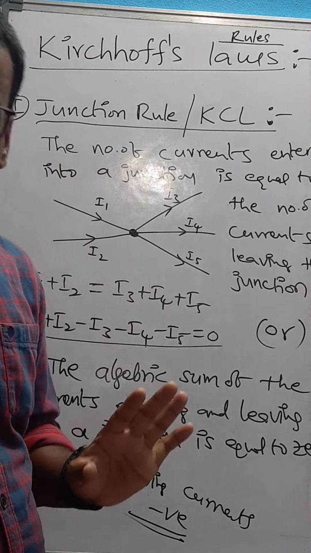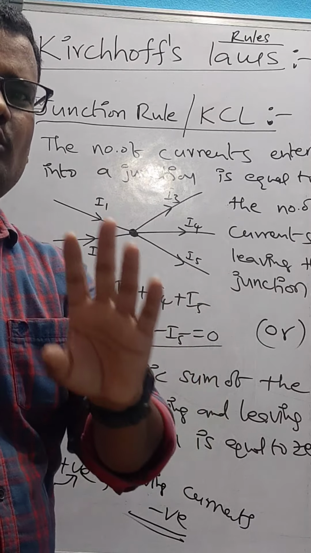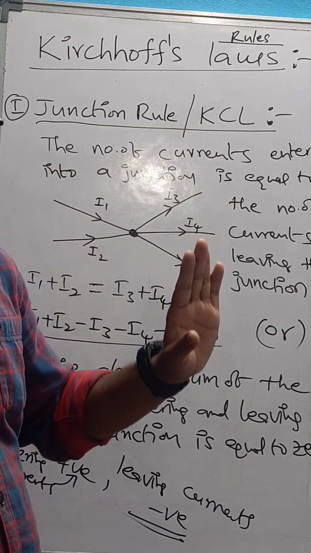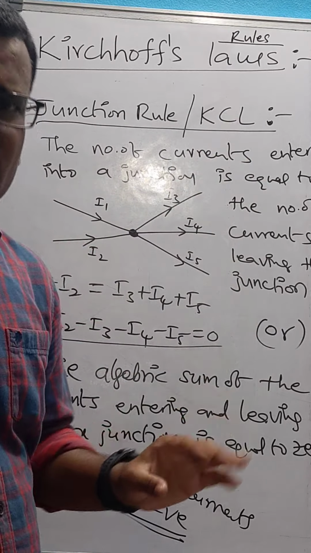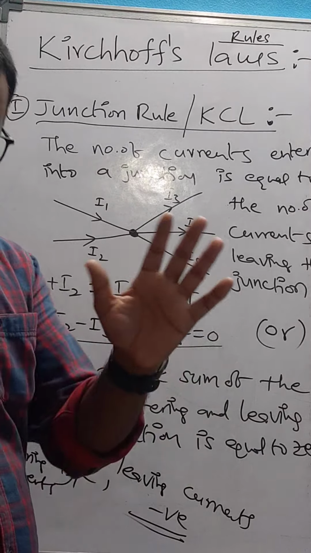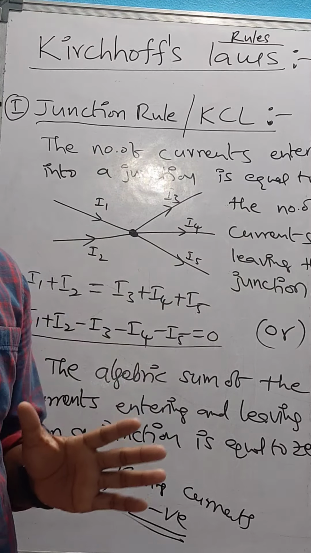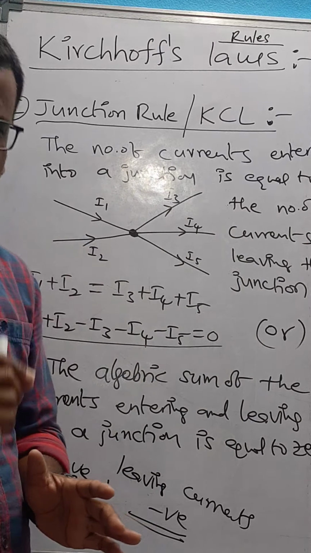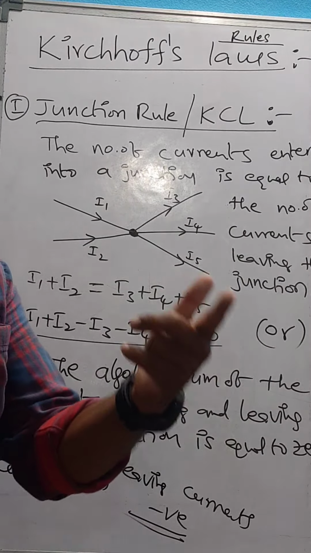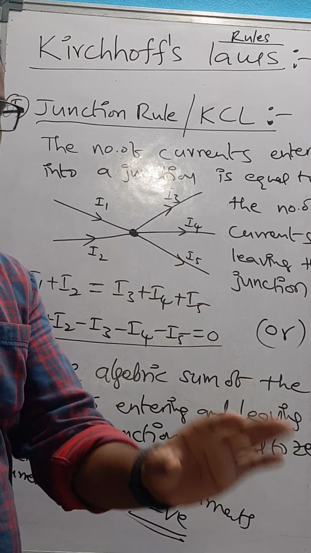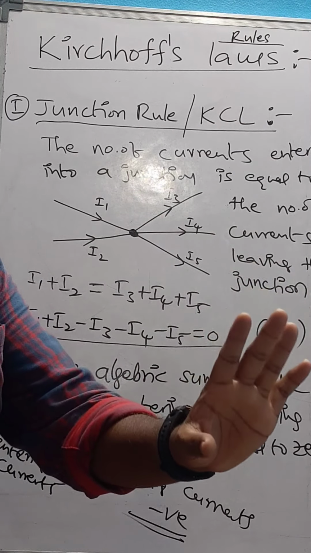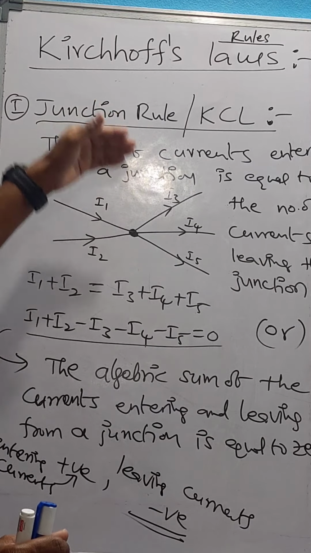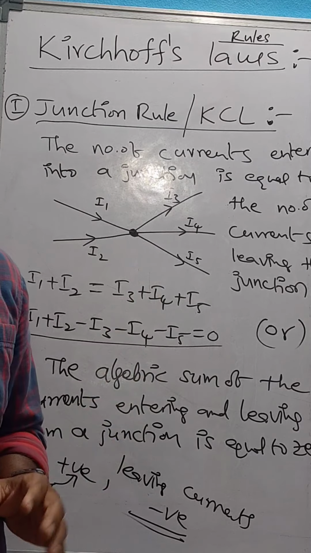So Kirchhoff stated two laws; the first one is the junction rule, or Kirchhoff's current law. Whenever a junction point is there in a circuit, how to calculate the current at that junction and take the sign conventions is stated by Kirchhoff in this junction rule.